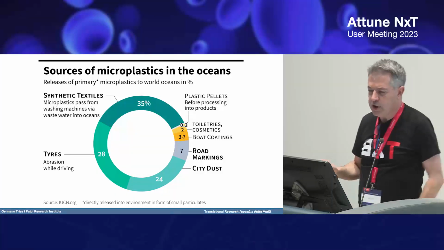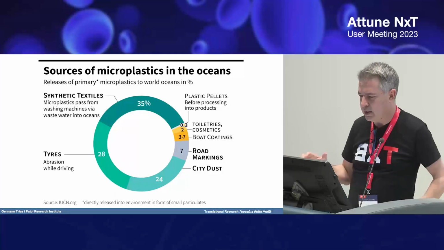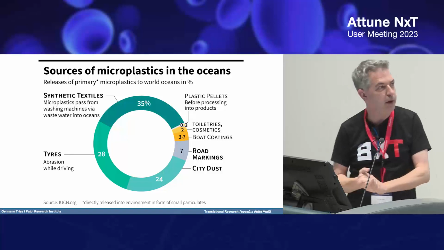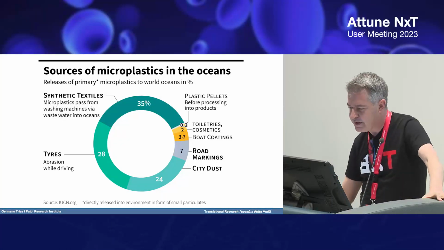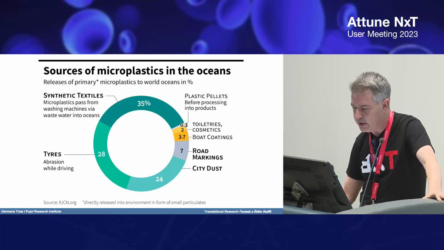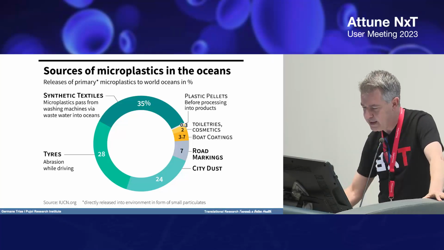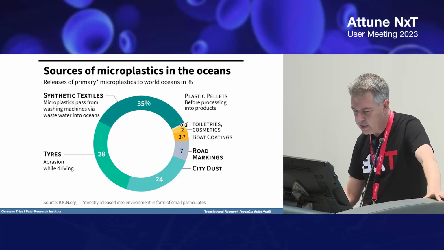This is really shocking because we are especially worried about single-use plastic. But as you can see here, 35% of the plastics that we are sending to the oceans is related to the washing machines that we are using daily. And 28% of these plastics that we are sending to the ocean is related to the abrasion while driving.